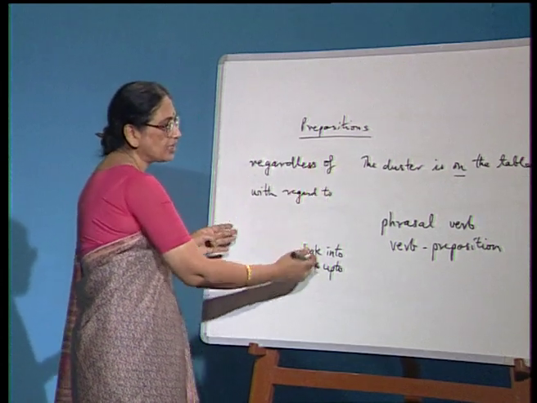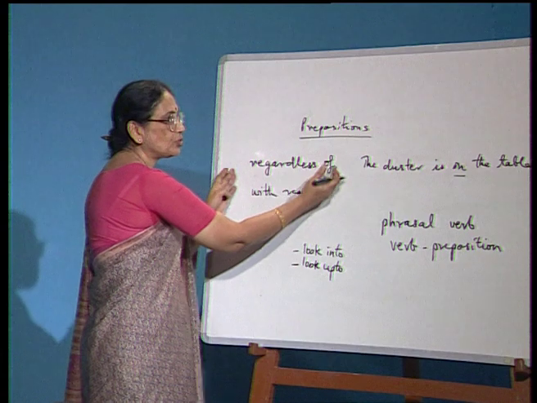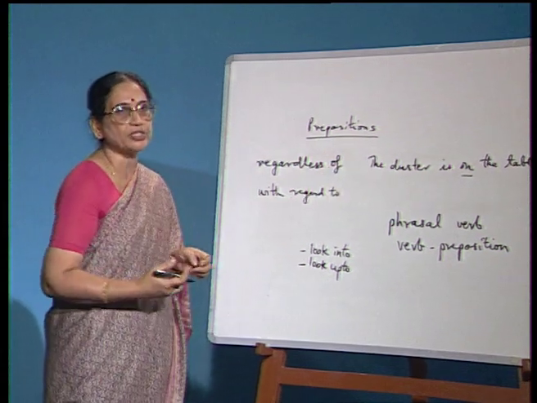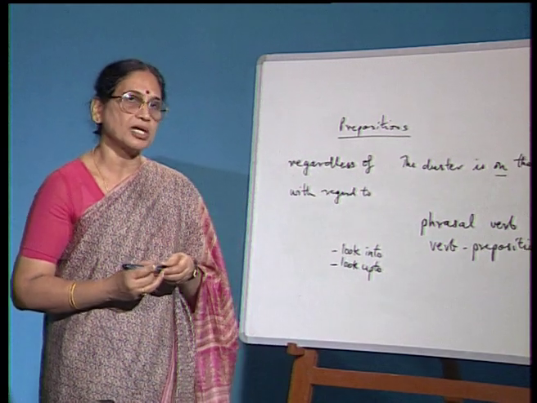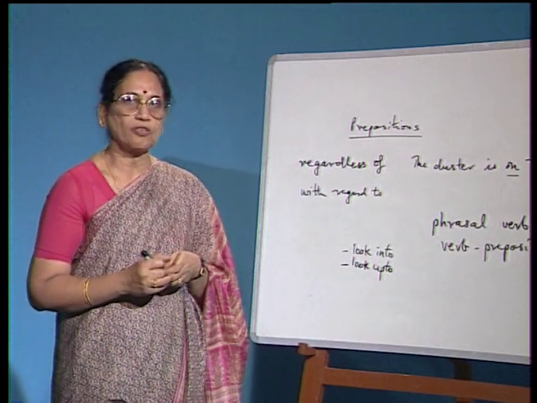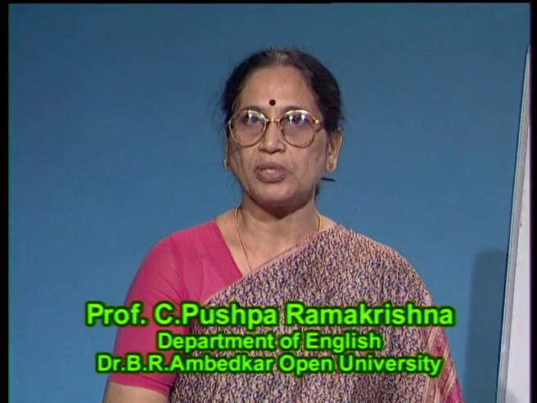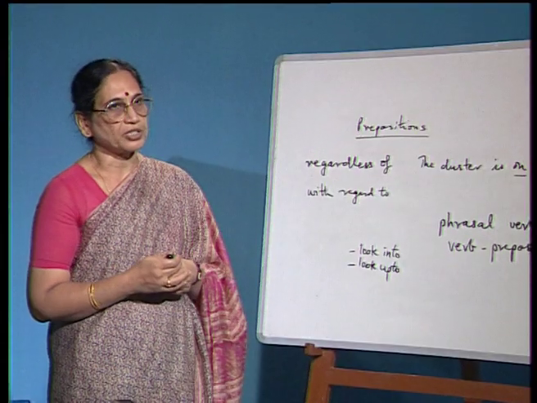Notice how these expressions tend to hold together, and it is only by practice or by a lot of reading, by listening to a lot of spoken English, that we can master these expressions. It is not always possible to merely learn them or memorize them. It is only by seeing how they are used, by using them and making them part of our own language, that we can master such expressions.